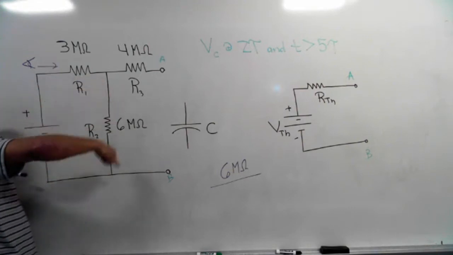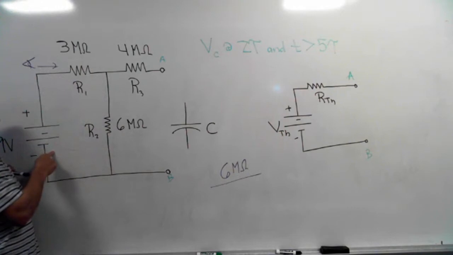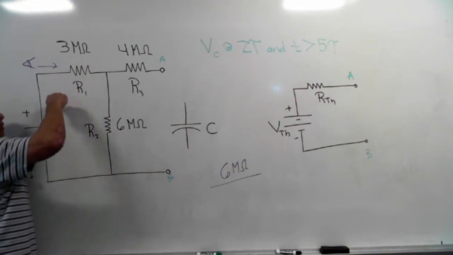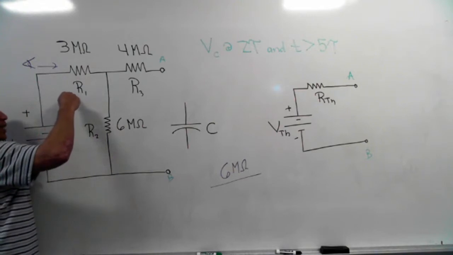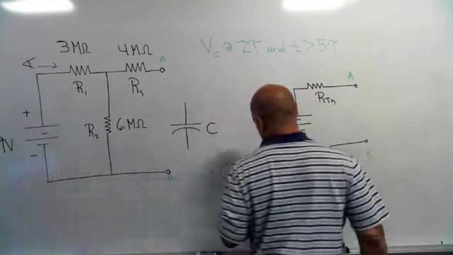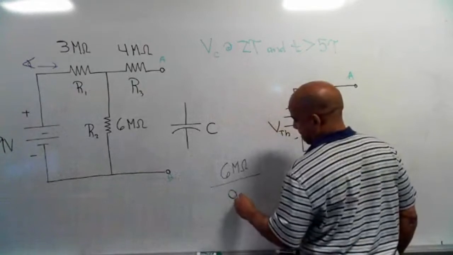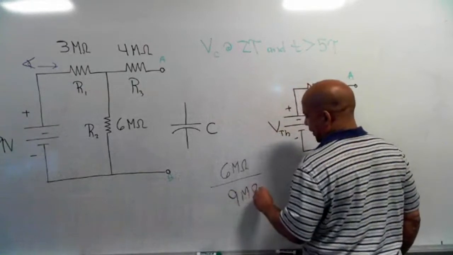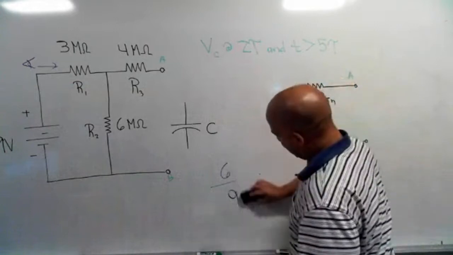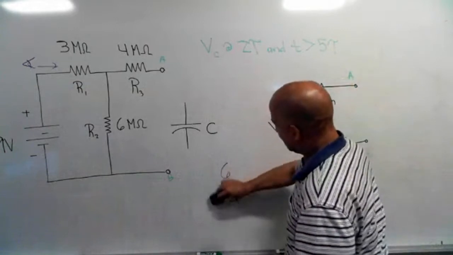Since current would just go around this loop, from the point of view of the battery, these are the only two resistors in the circuit. So it's series: this one plus this one, I get 9 mega ohms. As you can see here, the units cancel out, which is nice. Just a number with no units.